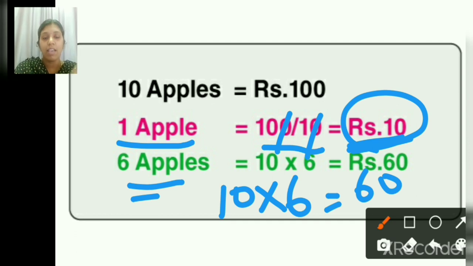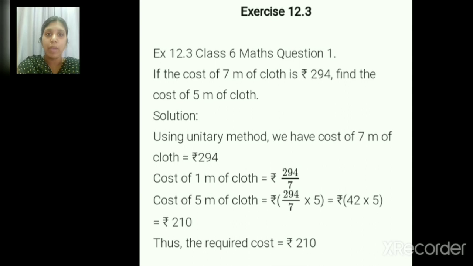Now let's see exercise problems. Exercise 12.3, question number 1. If the cost of 7 meter of cloth is rupees 294, find the cost of 5 meter of cloth. So what is the question? The cost of 7 meter cloth is given.